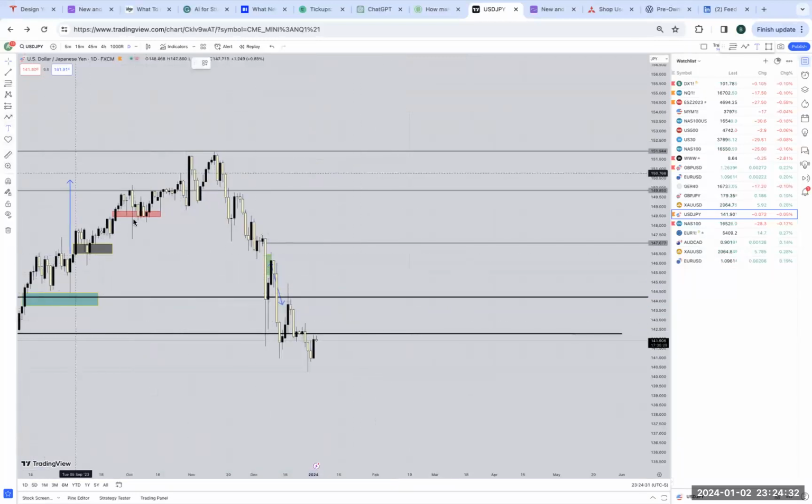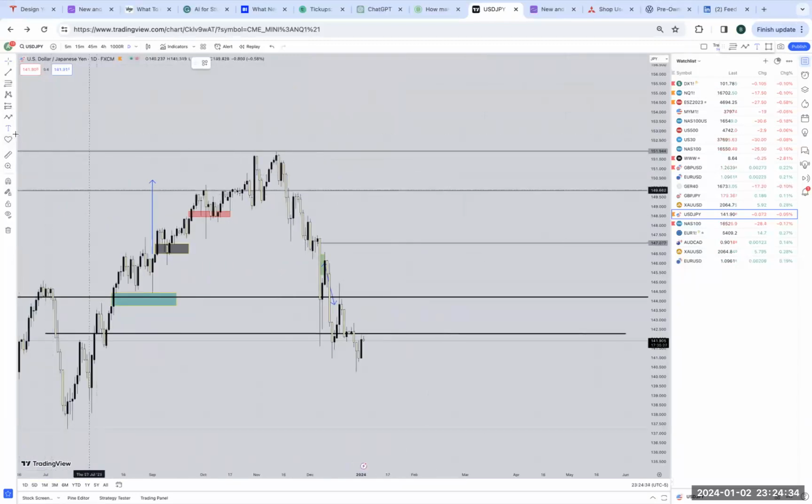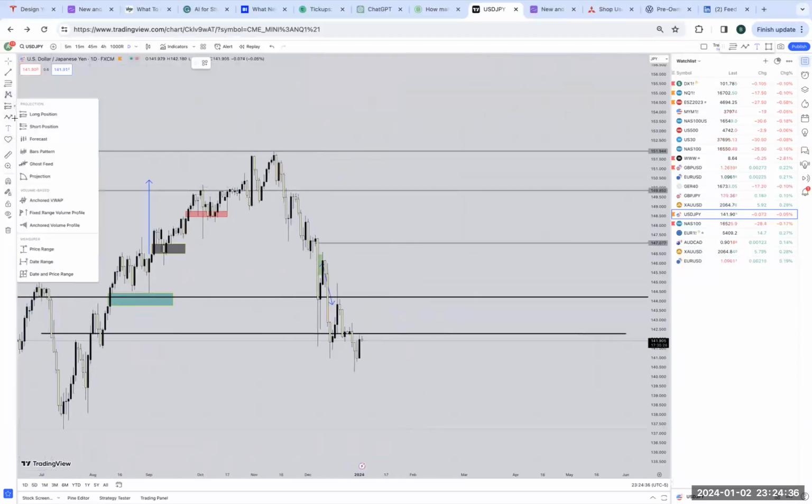I'm going to note these levels here again. I want to see this continue onto the downside.